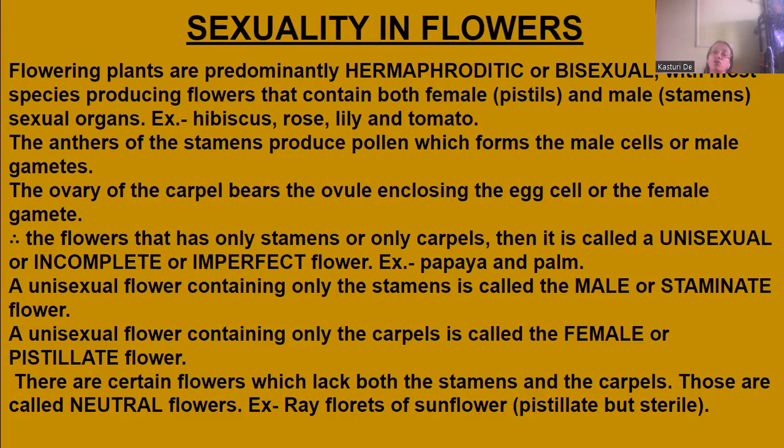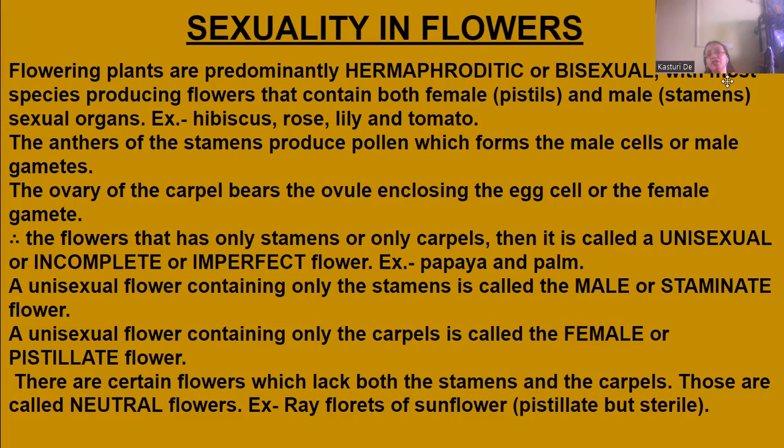Now, a unisexual flower which has only the stamens, that is only the male reproductive organ, is known as a male flower or staminate flower because it only has stamens. Okay. And the unisexual flower which contains only the carpels is known as a female flower, or you can say pistillate flower. Only the pistil is present.